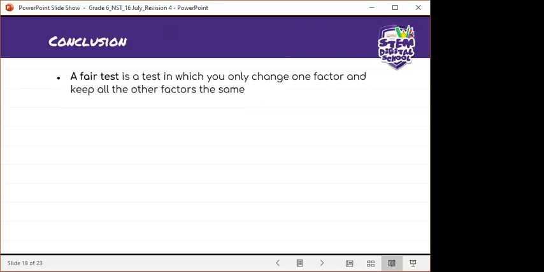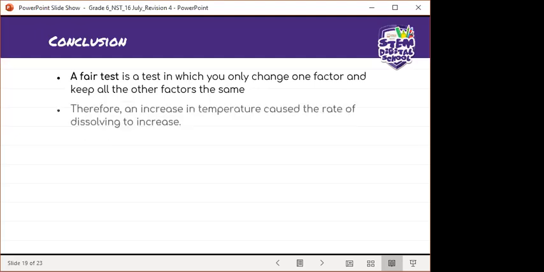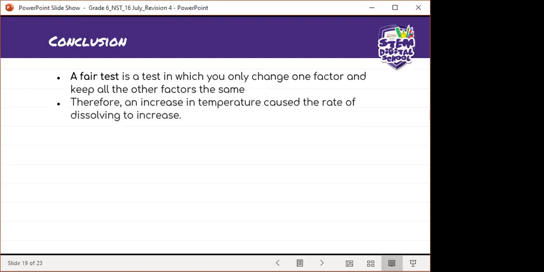Okay, conclusion. So a fair test is a test in which you only change one factor and you keep all other factors the same. Remember, we looked at it when we were doing the experiments, where we only changed one factor and all the other factors we kept constant or the same, right? Then an increase in temperature caused the rate of dissolving to increase.